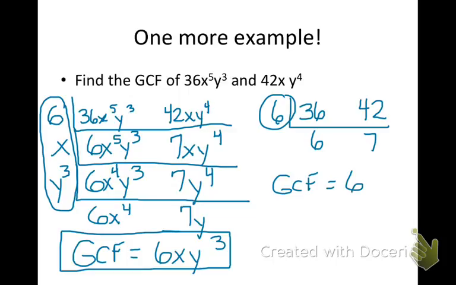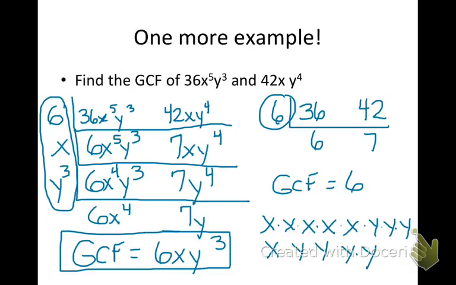If we list them out for the first one, like factor the monomial, we would have 5 factors of x and 3 factors of y. So sometimes seeing how many we have will be very helpful. For the second monomial term, we have 1 factor of x and 4 factors of y.